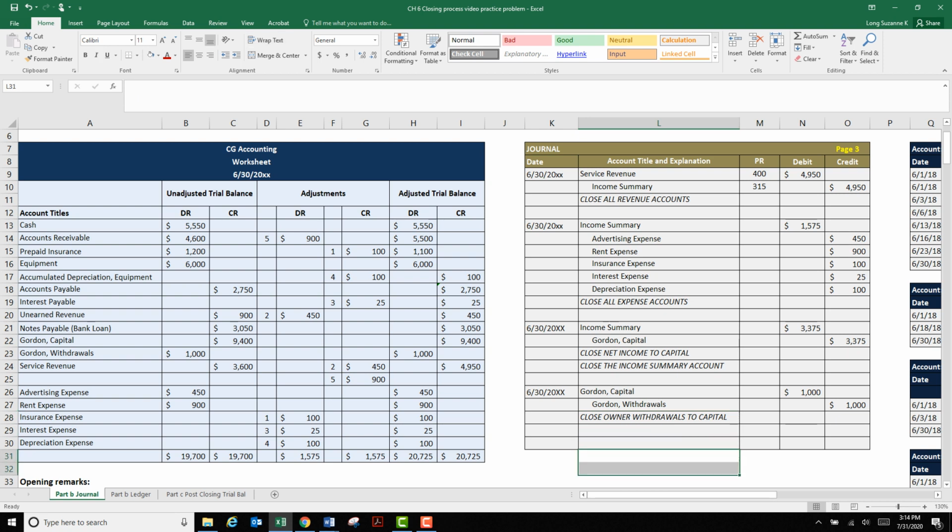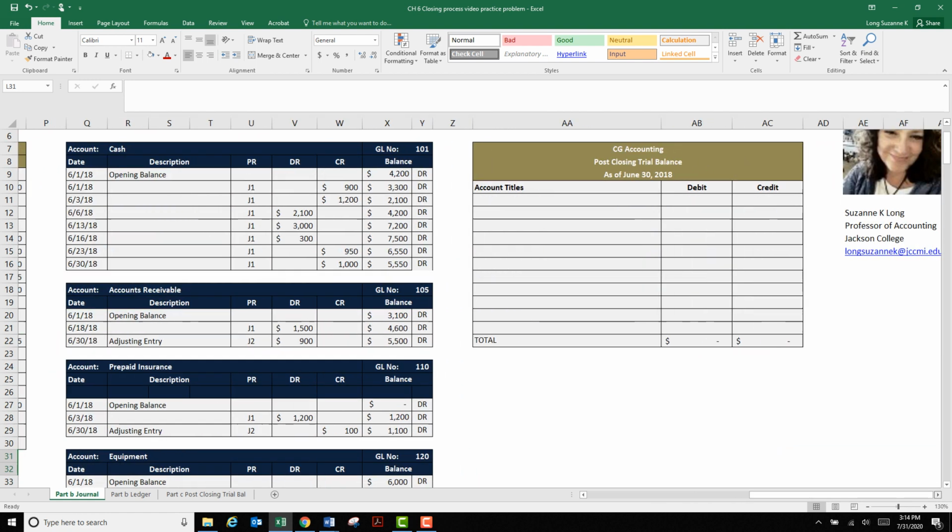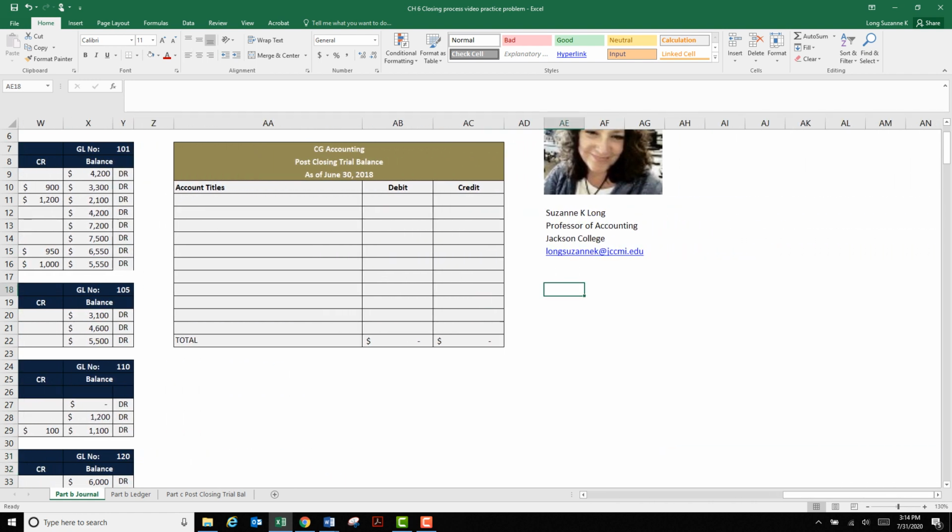As far as notes go, my habit is to put some notes over here on the side. Closing. There are temporary accounts that get closed and permanent accounts that don't get closed.